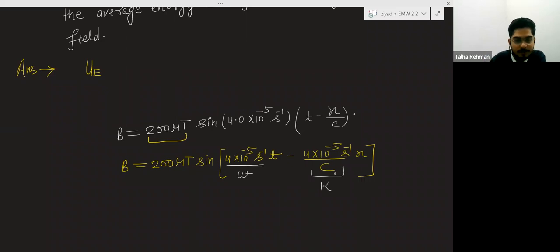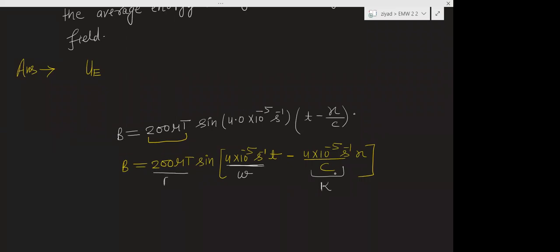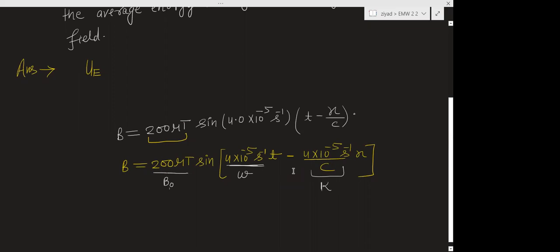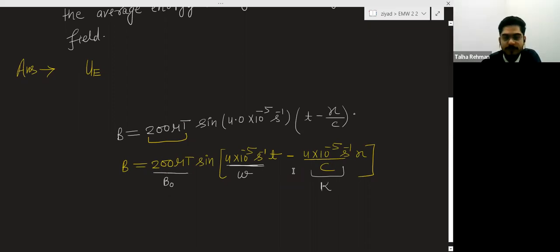Now B naught is this. Can you tell me in which direction this wave is going? Positive x direction. Very good. We want to find the UE, meaning the energy corresponding to the electric field.